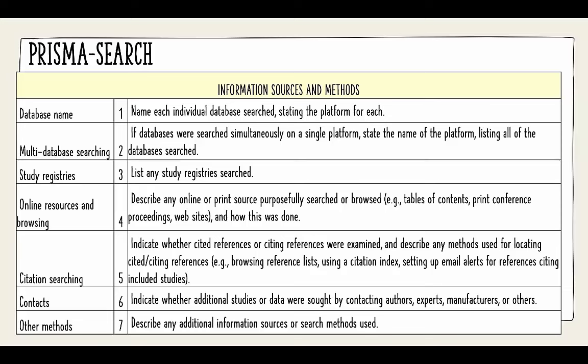It does mention multi-database searching, and I know the creator or organizer of PRISMA-S, Melissa Rethlefsen, had said that she knew people shouldn't really be doing multiple database searching for their reviews, but she wanted to get this in. So in case they did do this, we need to know exactly what they did.